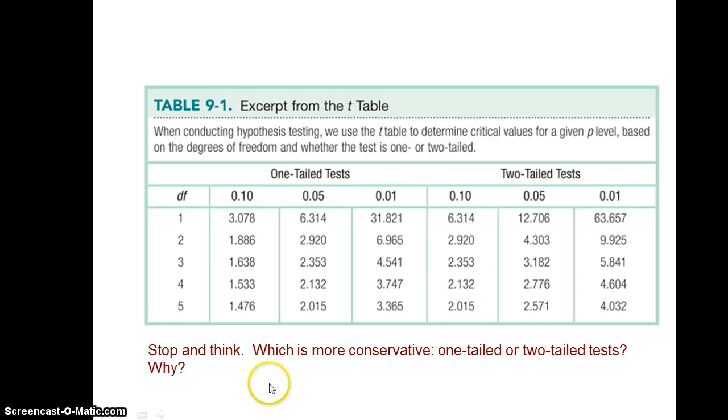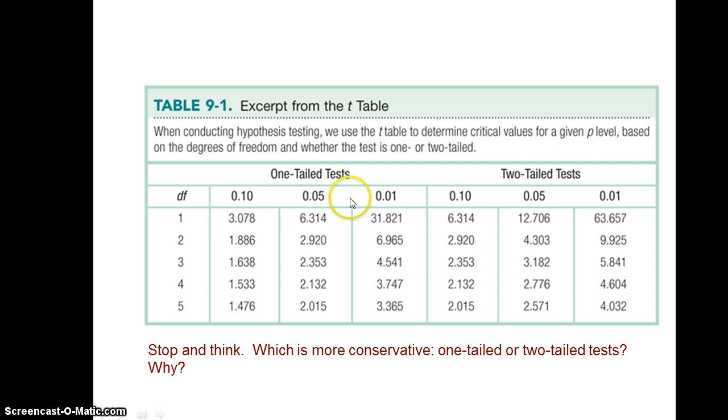Then what we do is we use the t-table, which you'll find in Appendix B of your textbook, and you look up in the first column the degrees of freedom. So if you had 5 people, 5 minus 1 is 4, so you know you have 4 degrees of freedom. And the t-table is much smaller. This is just an excerpt, but what you can see is that you have a set of one-tailed tests, and then you have a set of two-tailed tests.